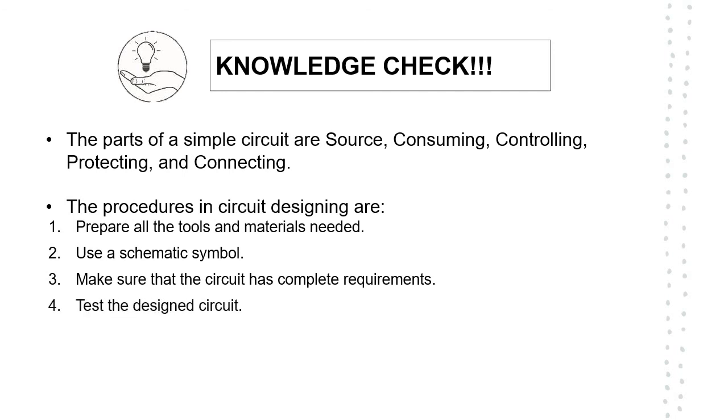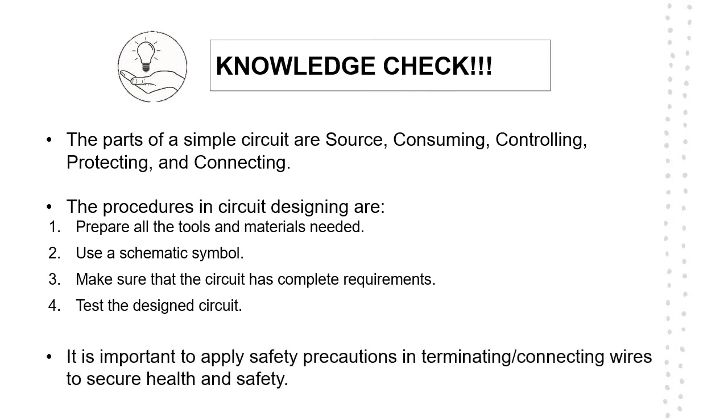And 4, test the designed circuit. And also do not forget that it is very important to apply safety precautions in terminating or connecting wires to secure health and safety.